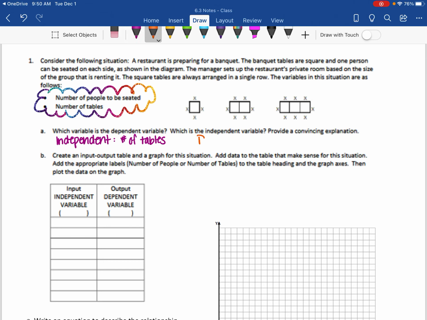Okay, so our dependent variable is the number of people. Okay, and provide an explanation, short and sweet. The number of people seated depends on the number of tables.